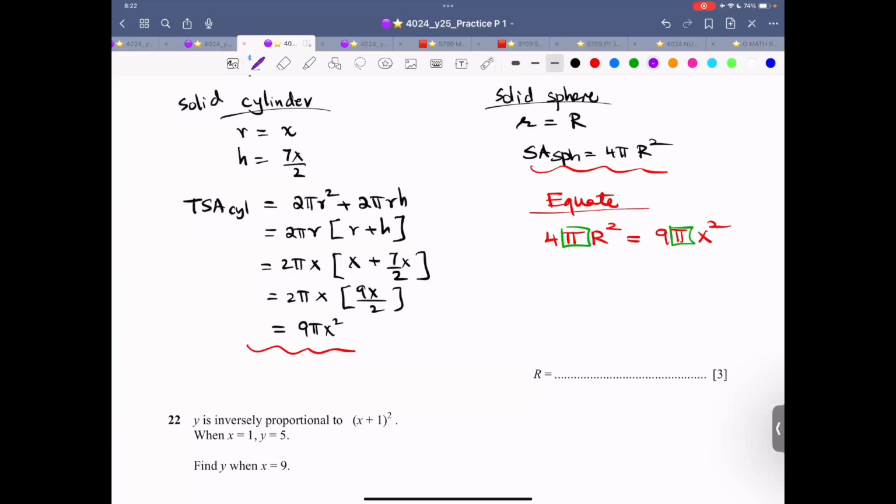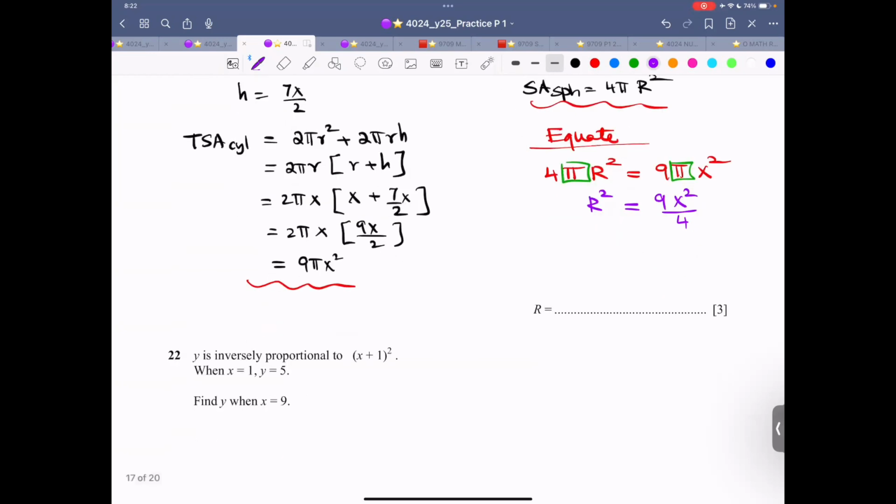Now we have R squared is 9x squared over 4. Look at the numbers, they are all square numbers. So that is 3x over 2 whole squared. So R squared is this thing. Therefore, R is 3x over 2. Basically, I've taken the square root, just the positive square root, because length cannot be negative.